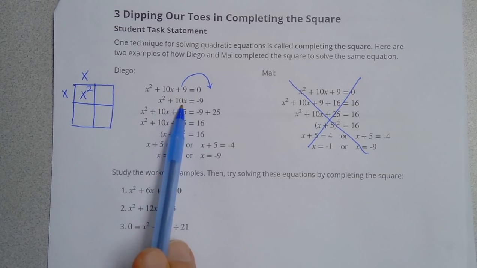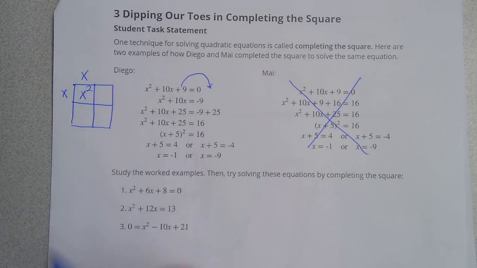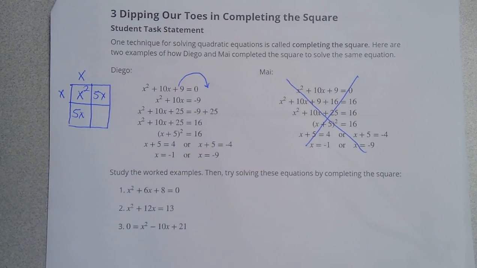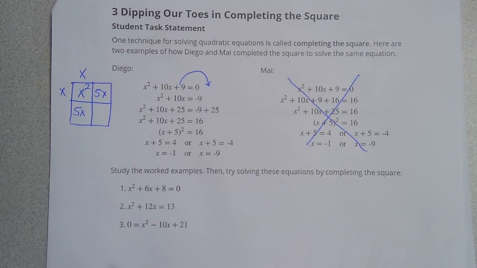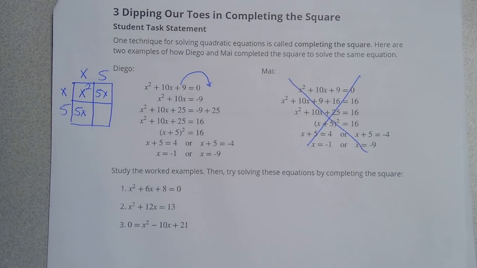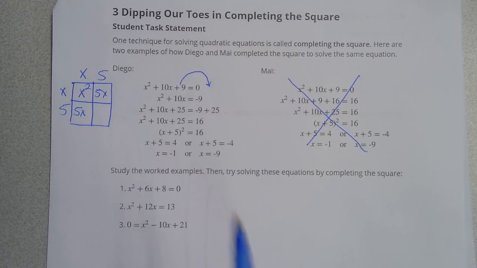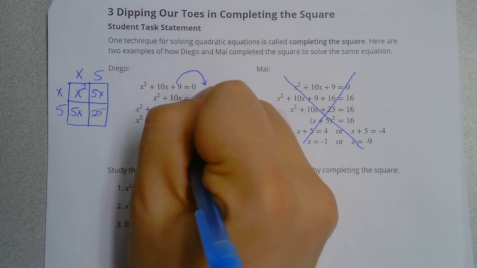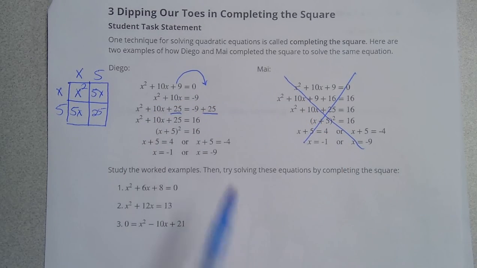Now, if I have positive 10 to split into 2 equal parts, that's going to be 5x and 5x. So on the outside, it's going to be x plus 5 times x plus 5. And then figuring out, well, what do we add? Well, 5 times 5 is 25. So if you notice, Diego added 25 to both sides.